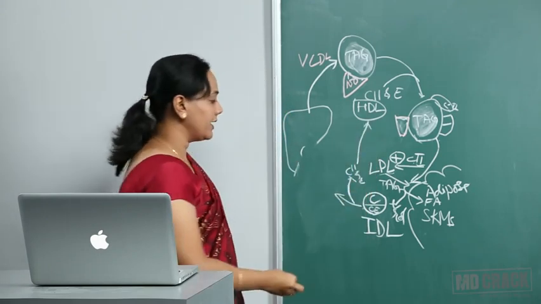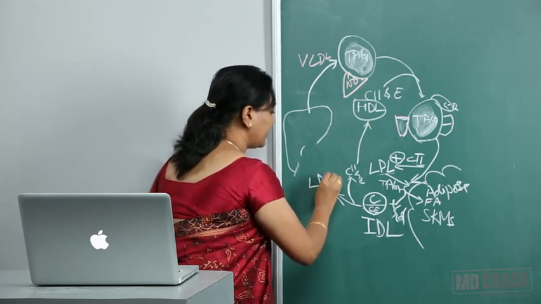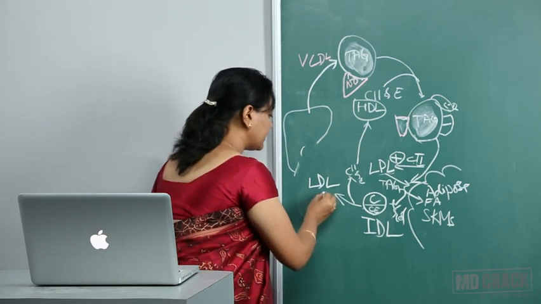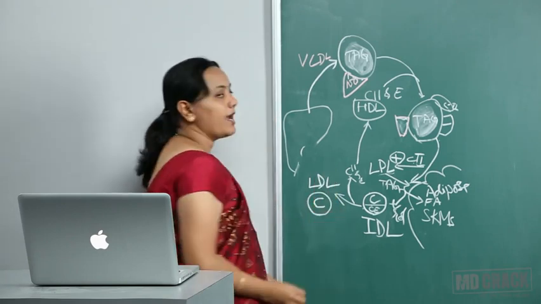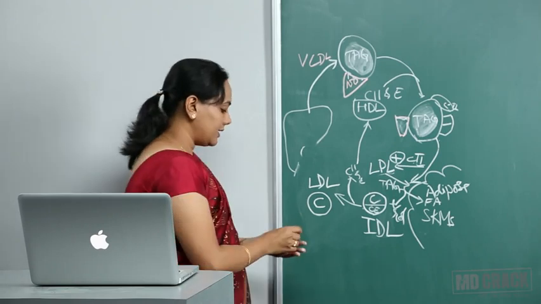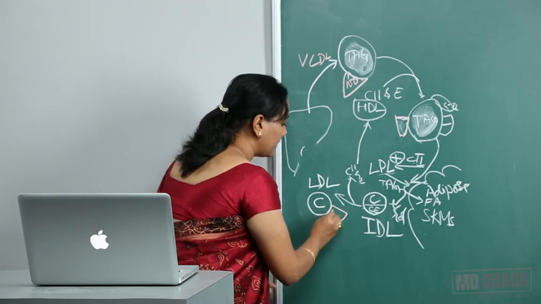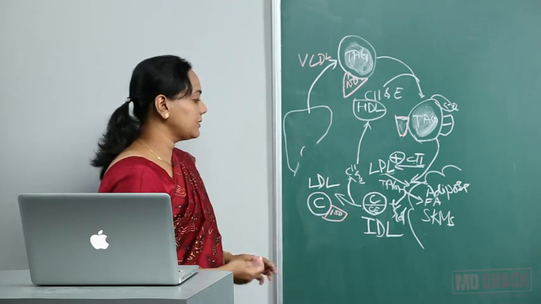Once it gives them out, it is converted into LDL. LDL is what? Low density lipoprotein. This LDL is filled with cholesterol and cholesterol esters, and it has only one apoprotein, and that is B100. So only one apoprotein, B100, is present.